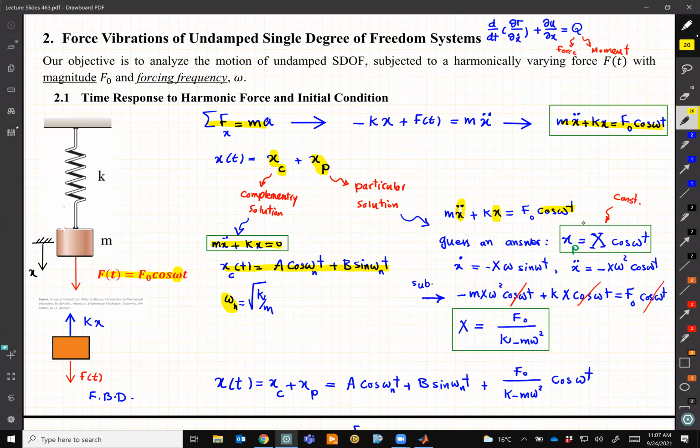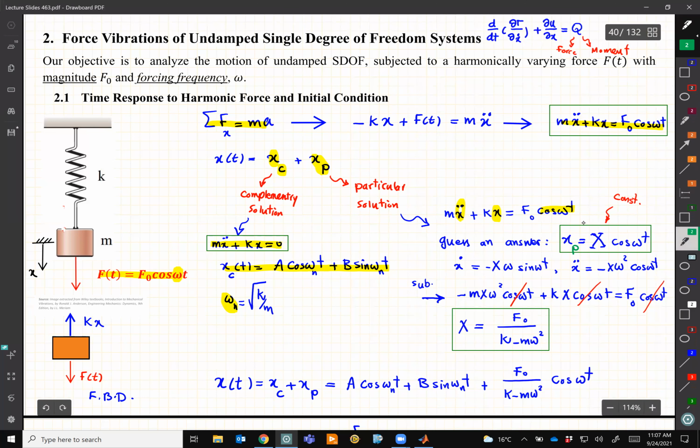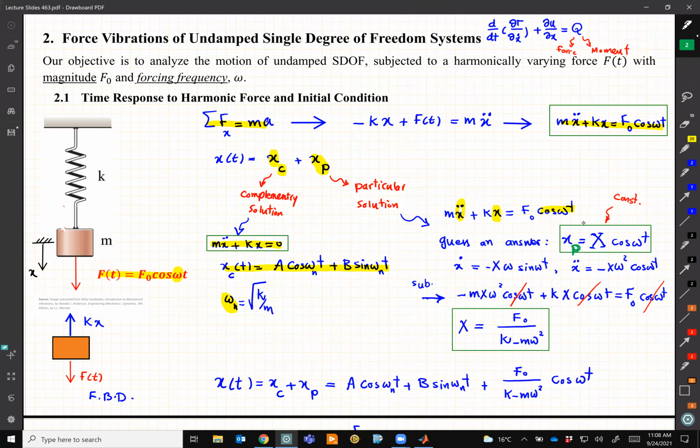And then we said the equation also has a particular solution. We showed it by xp, and again we rely on a guess. Most of the time in differential equations, we look at the form of the differential equation and we guess something. xp is X cosine omega t.